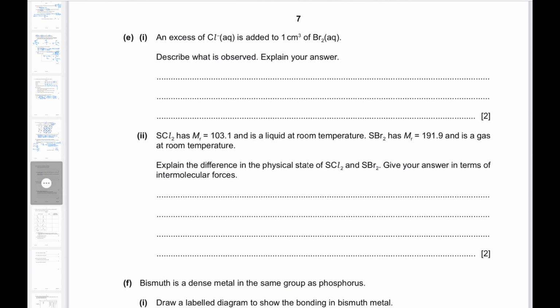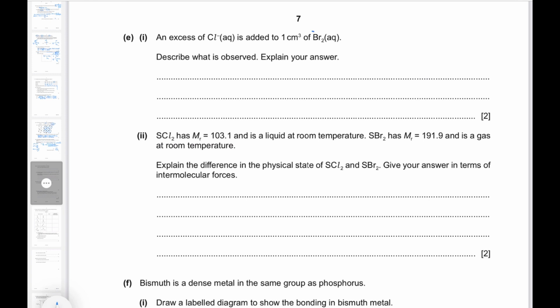E part 1, an excess of aqueous chloride ion is added to 1 cm3 of aqueous bromine. Describe what's observed and explain your answer. So halogens react by gaining electrons or by oxidizing the other reagent, and they can only do this if they are more reactive than the other reagent.